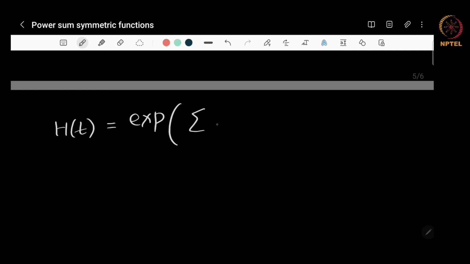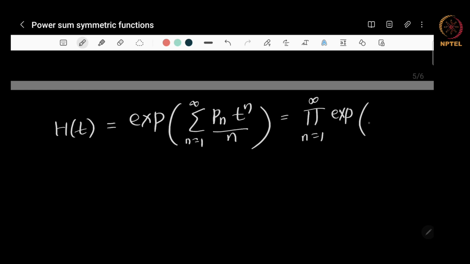The right hand side looks like summation p n t power n by n. And so it's a product of the separate exponentials, product n goes from 1 to infinity. If you recall what the exponential is, it's a series.